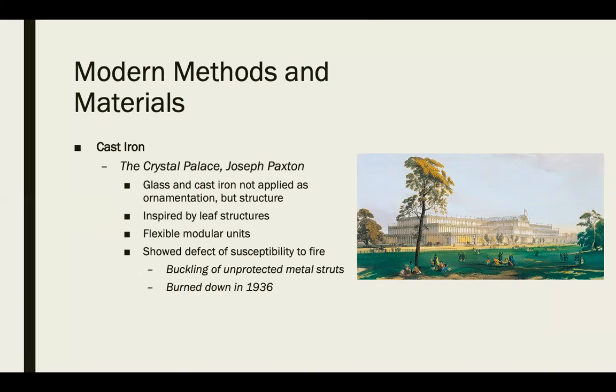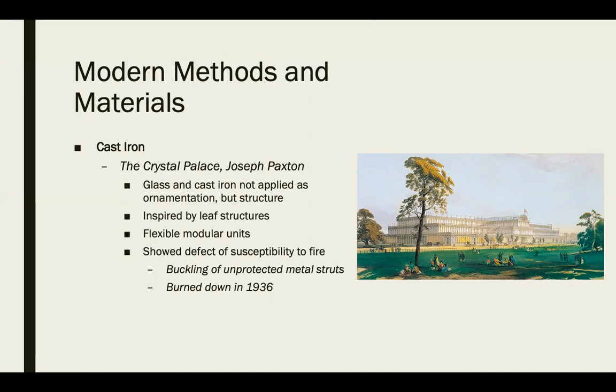This is a cast iron building, and I'm using this example not as an example of a successful material, but more of how it got outdated due to some safety issues and issues with the material itself. This is the Crystal Palace, designed by Joseph Paxton. It's glass and cast iron, not applied as ornamentation, but as the structure itself.